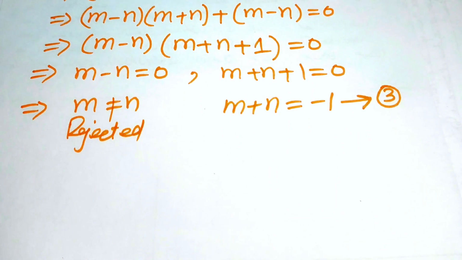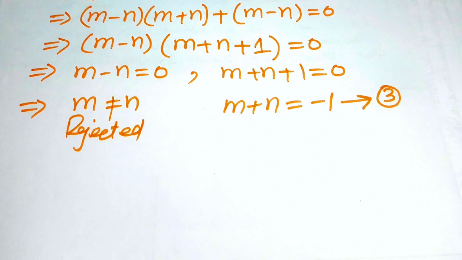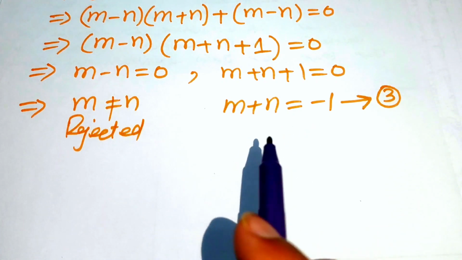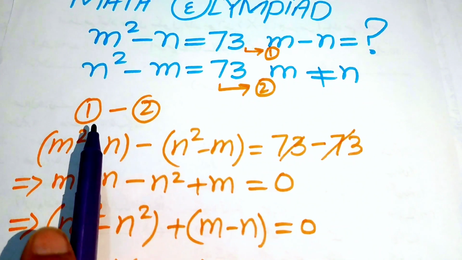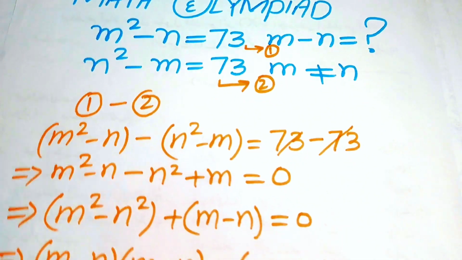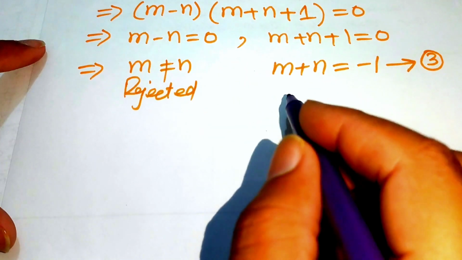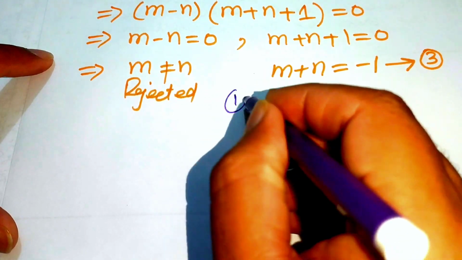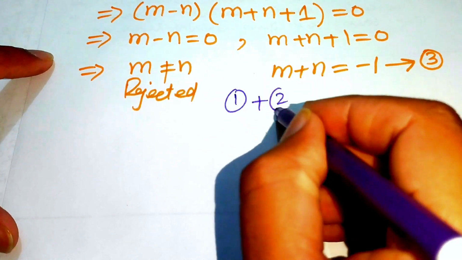So here we focus on equation number 3, and now we will take the square of this equation. But first, we subtracted equation number 1 and 2, and now we add equation number 1 and equation number 2.